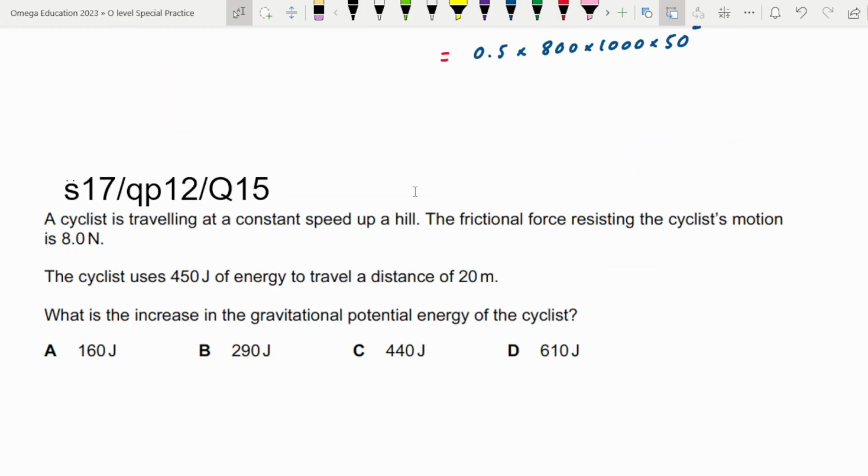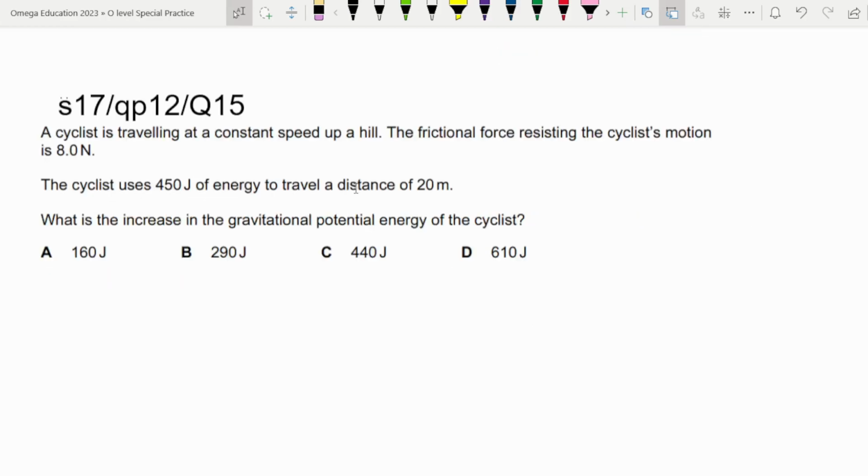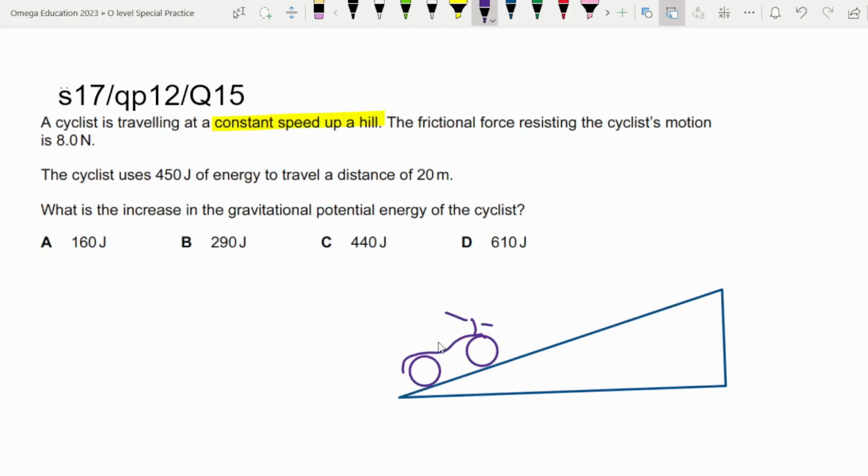Alright, so for this one, a cyclist is traveling at a constant speed up the hill. Since we're moving at constant speed, the forward forces and the backward forces should be equal. At least we know this.